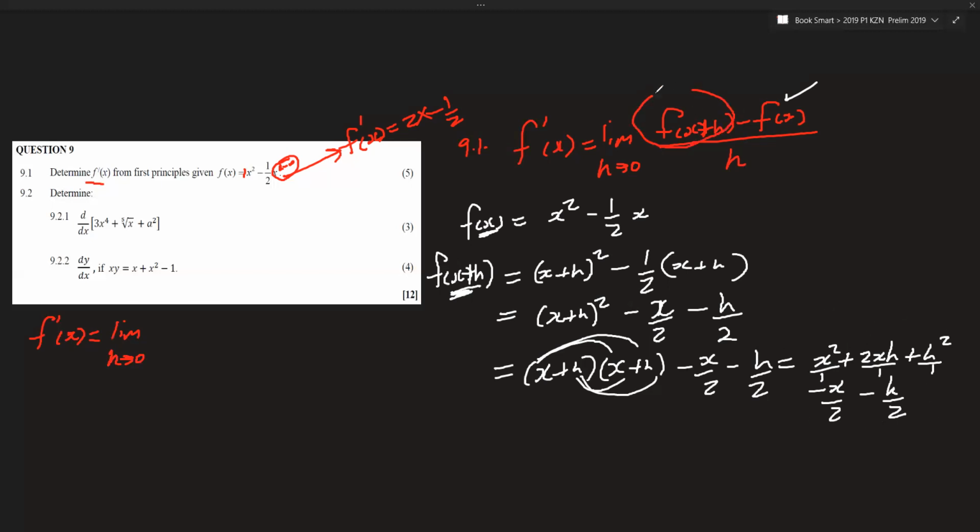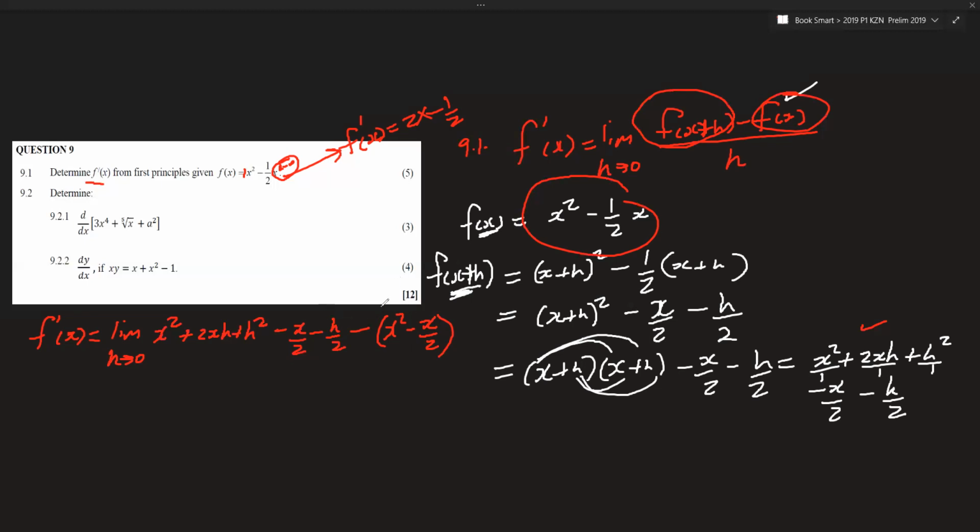This part gets replaced by that part, which is x squared plus 2xh plus h squared minus x over 2 minus h over 2. And then we're going to minus f of x now. Remember, f of x gets replaced by x squared minus x over 2, basically.